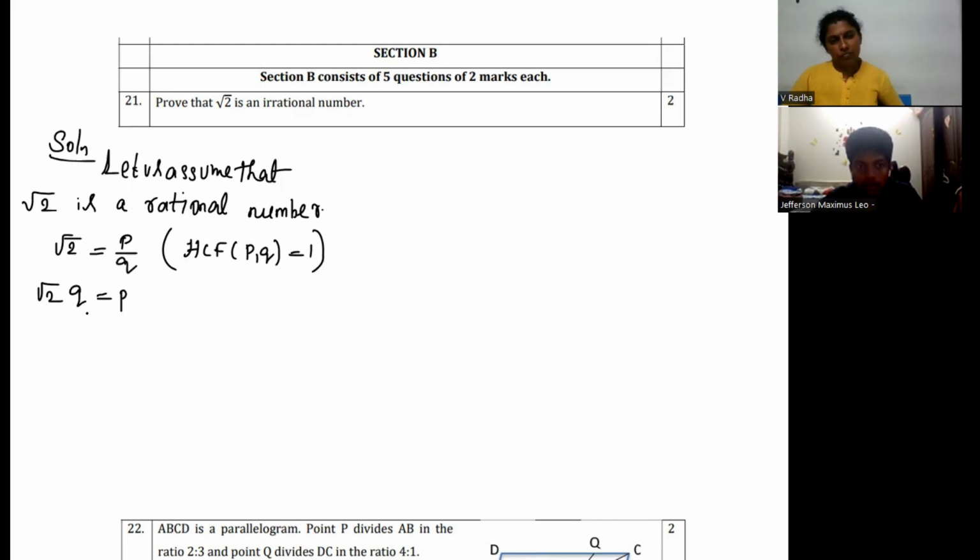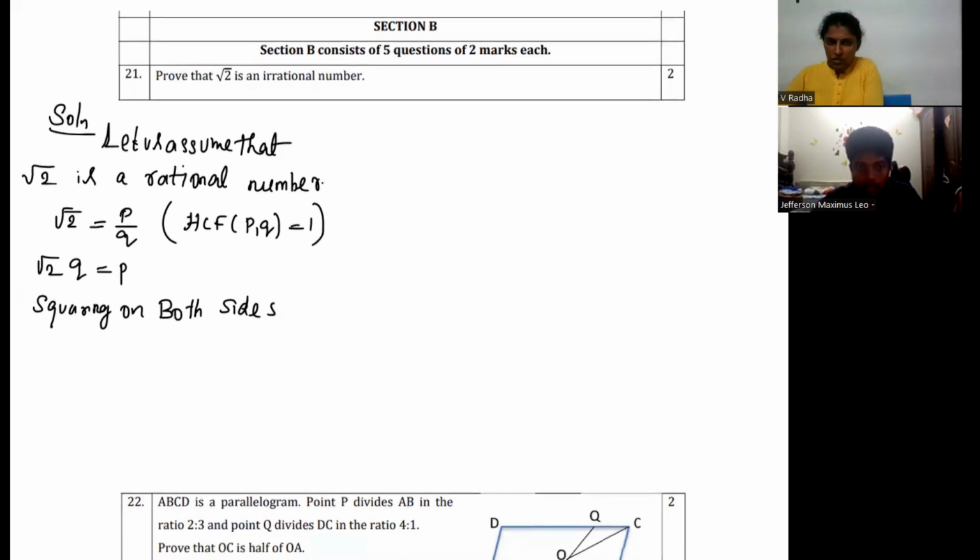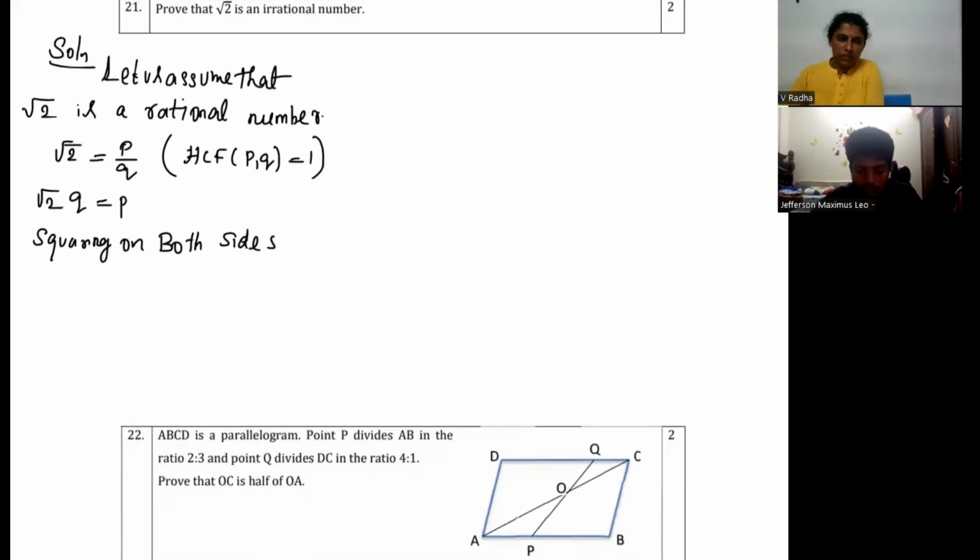Root 2 Q is equal to P. Upon squaring both sides, 2Q square is equal to P square.